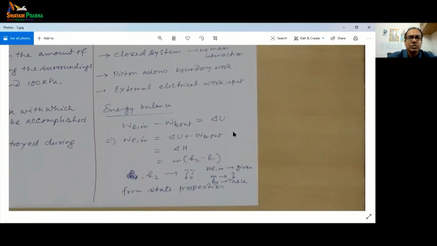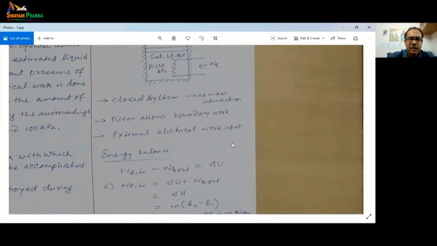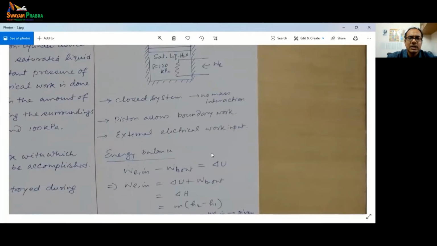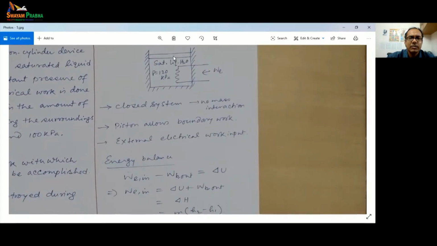The first thing we need to do is the energy balance. For the energy balance, what is coming in and what is going out has to match the change in internal energy. That's the first law. What is coming in is the electrical work input, WE in, and what is going out is the boundary work. As the pressure goes up, this piston will be pushed up, and unless it is brought to equilibrium, it will move.